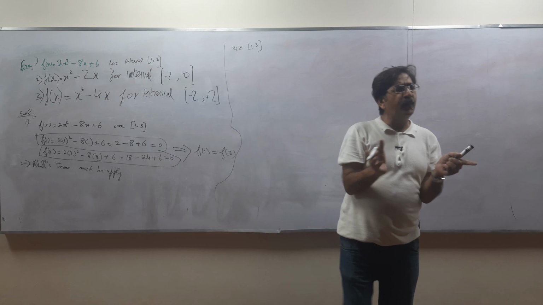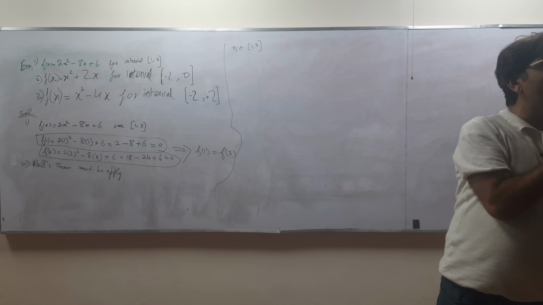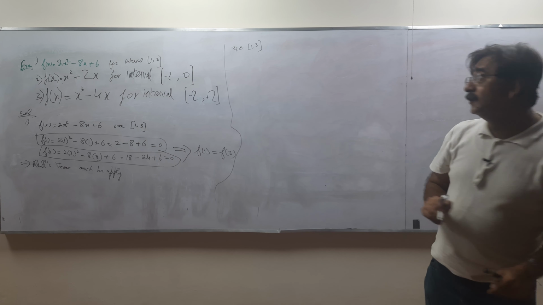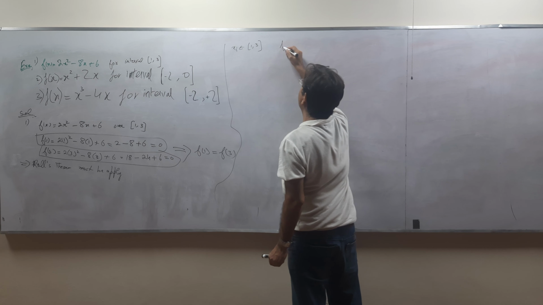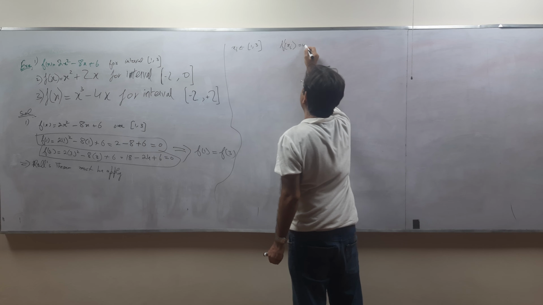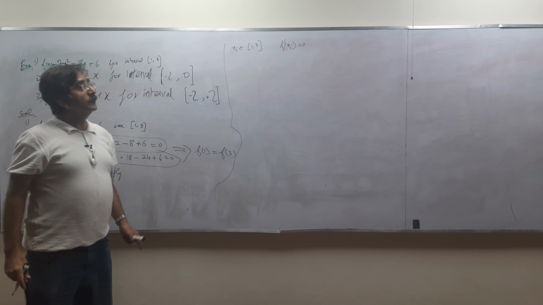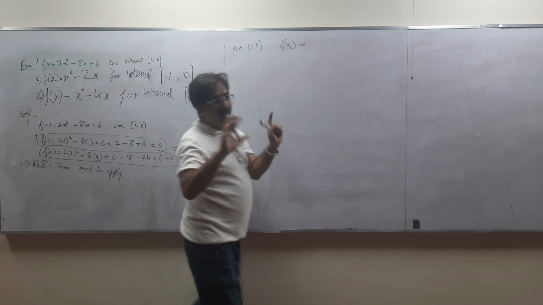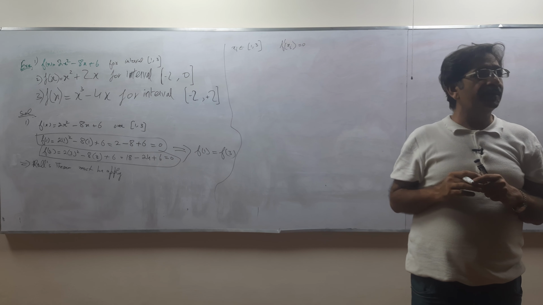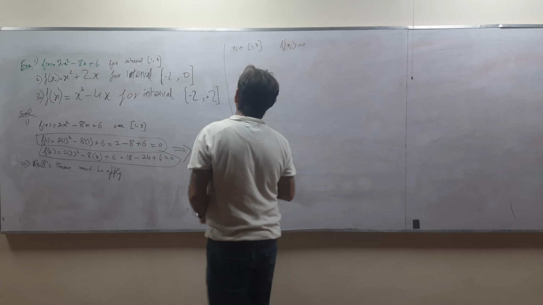There may be one point ξ, there may be two, there may be three, but there must be at least one ξ that has a derivative f'(ξ) equal to 0. There may be more than one, but there exists a point where the derivative will be 0. So what are these points?